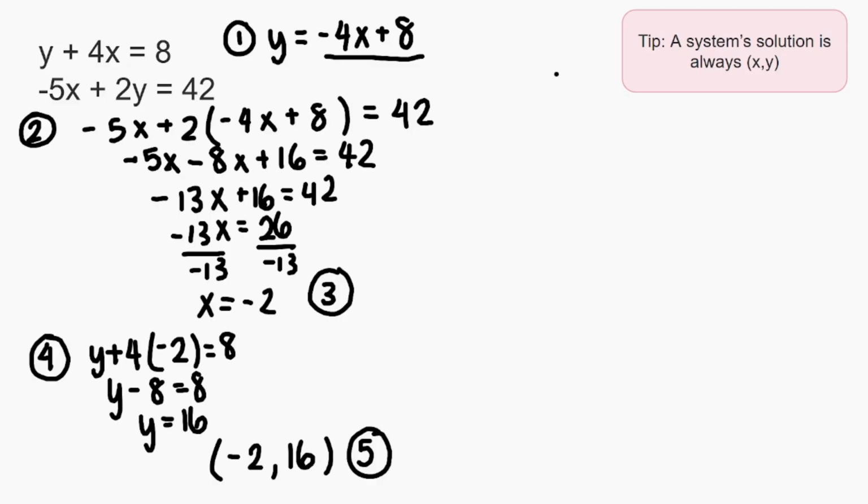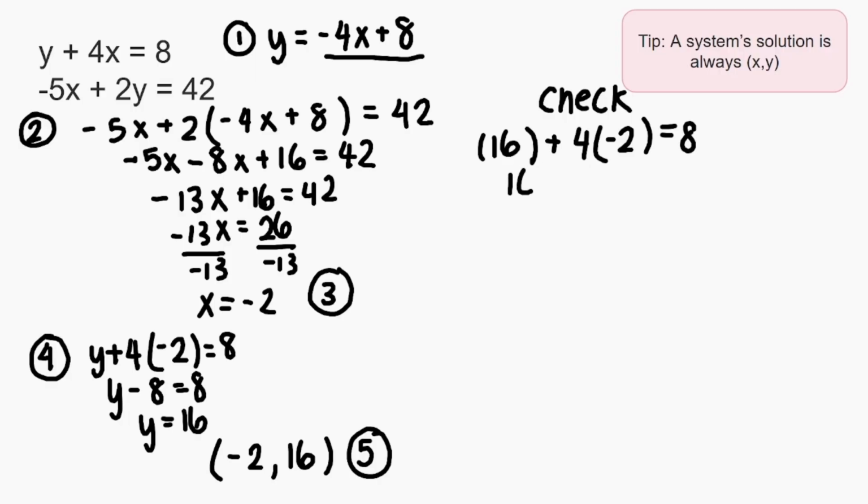Just to make sure we did it correctly, we're going to check our work. So this equation should hold for both of the two. So let's do it. We have y plus 4x equals 8. So 16 minus 8 equals 8. 8 equals 8. So we know that's true.